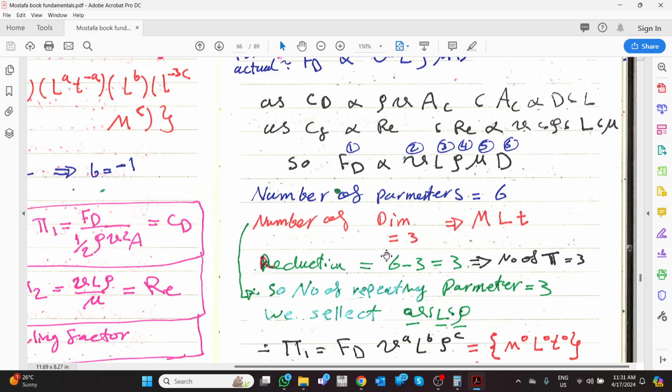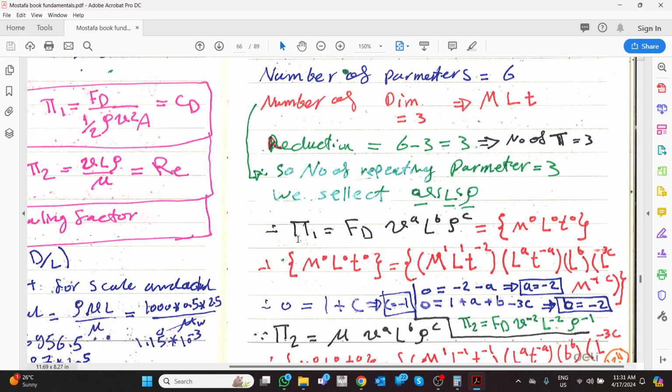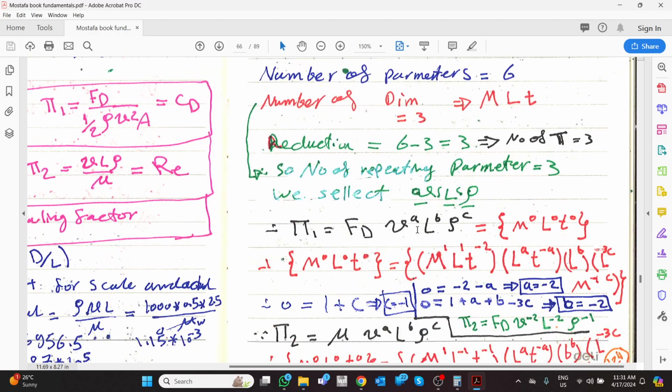Okay, however, let's write pi one. It is equal to F_D, the drag force, multiplied by velocity, length, rho: V^a L^b rho^c. We know that pi one is dimensionless, which is M to the power 0, L to 0, T to 0. Force is mass multiplied by acceleration, which is M L T^-2, multiplied by velocity, L over T, to the power a.